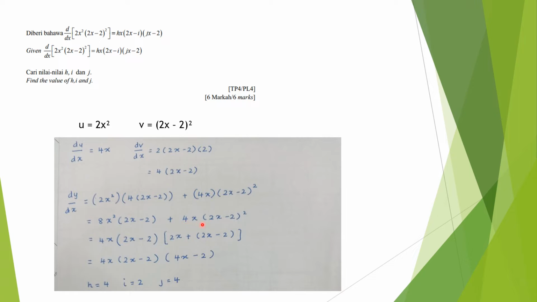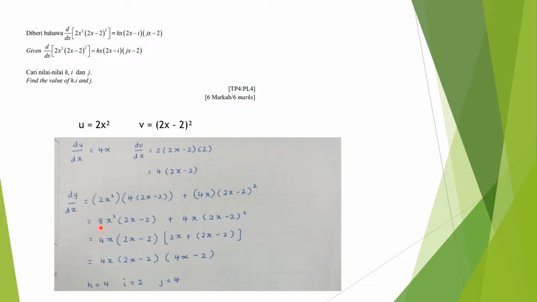That means we take what is same. So you have 8x squared and 4x, so we can take out 4x. And for the first term, you have 2x minus 2, and the second term also have 2x minus 2, so you can take out 2x minus 2. So from the first term, still left from 8, you just take out 4, that means you left 2x.